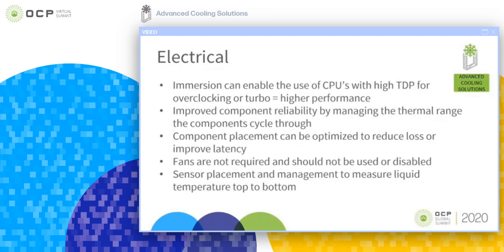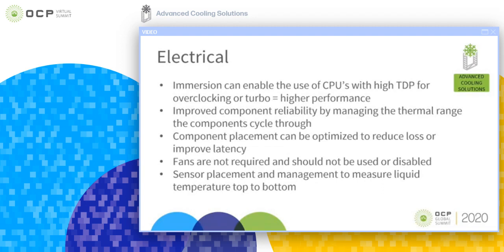Reliability is a key factor as chips like CPUs, from a thermal perspective, migrate to a higher limit and back down to a lower limit. That tends to degrade the reliability of components. So being able to manage a component like a CPU at a nominal temperature throughout its life cycle will extend its reliability. And then component placement can be optimized to improve latency.